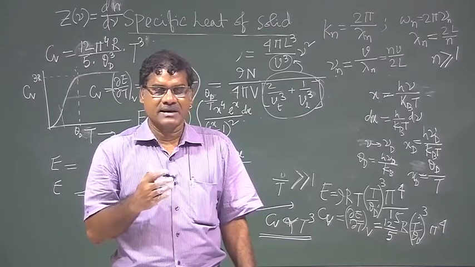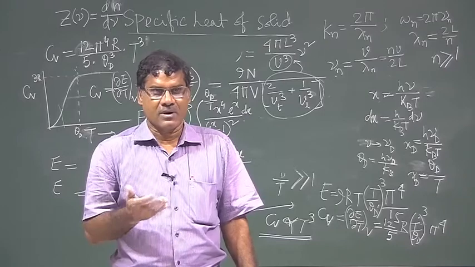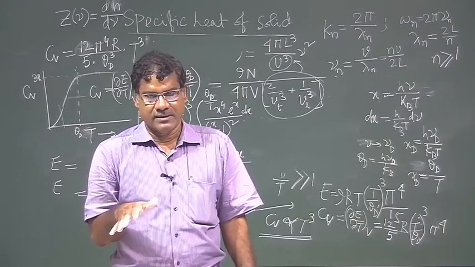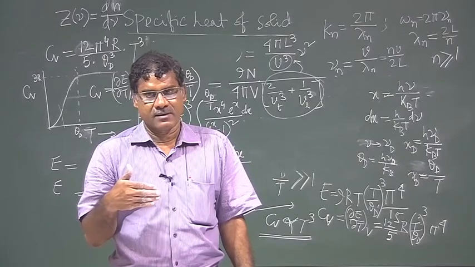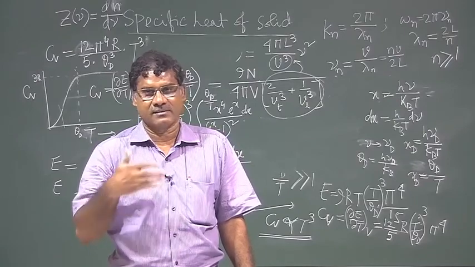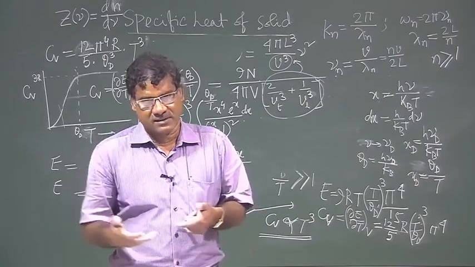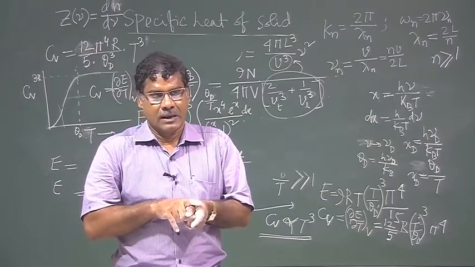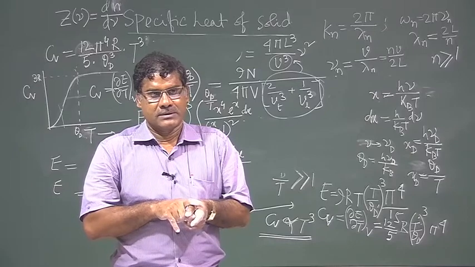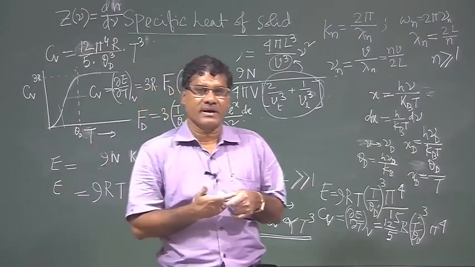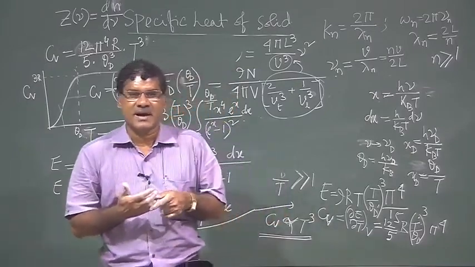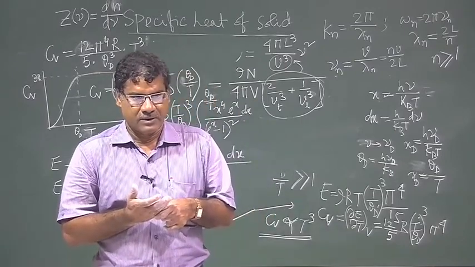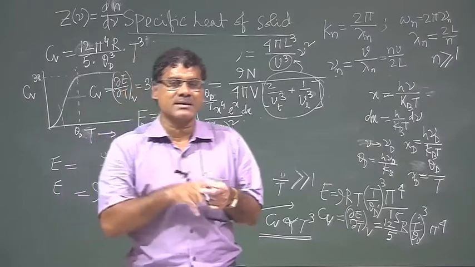Lattice vibration means elastic waves, or an elastic wave propagates through the solid, and then the solid vibrates as a whole. Now, this elastic wave can be expressed in terms of phonons. Okay. So, that is a concept similar to the photon.